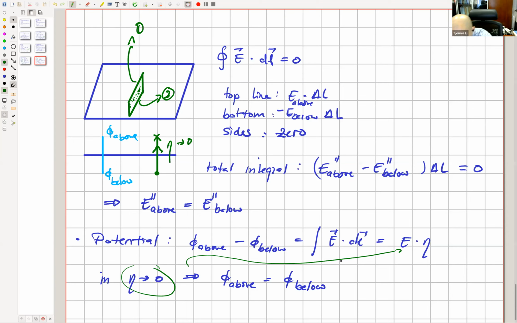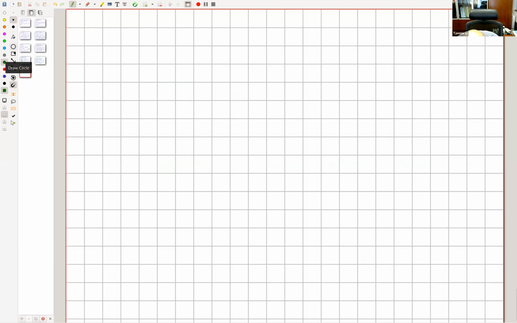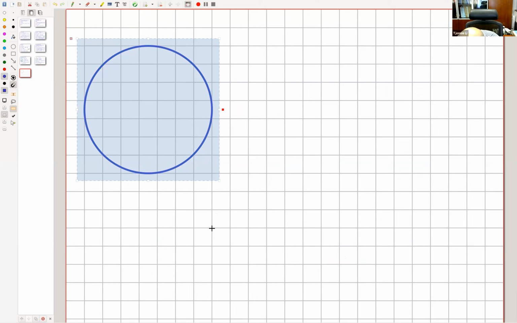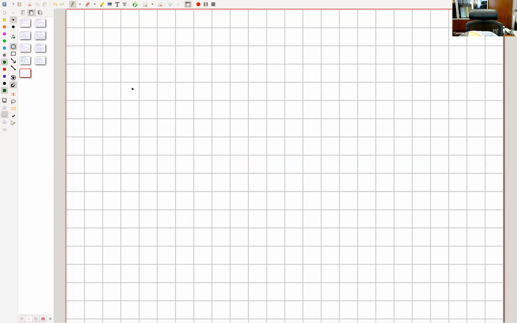Okay, now let me illustrate this further with a sphere. Let me draw a sphere here.